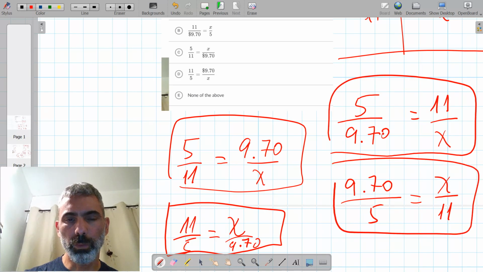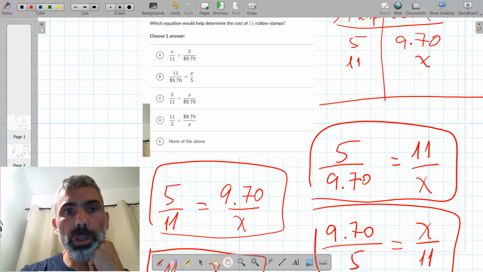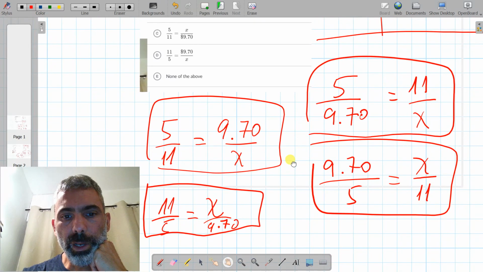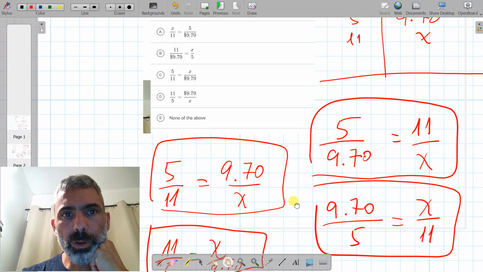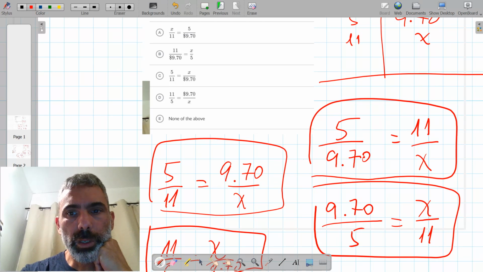So I have 1, 2, 3, 4. Let's see. So here I have x over 11. Option A, x over 11, but they got it the other way around for the 970 and the 5, so option A is incorrect.